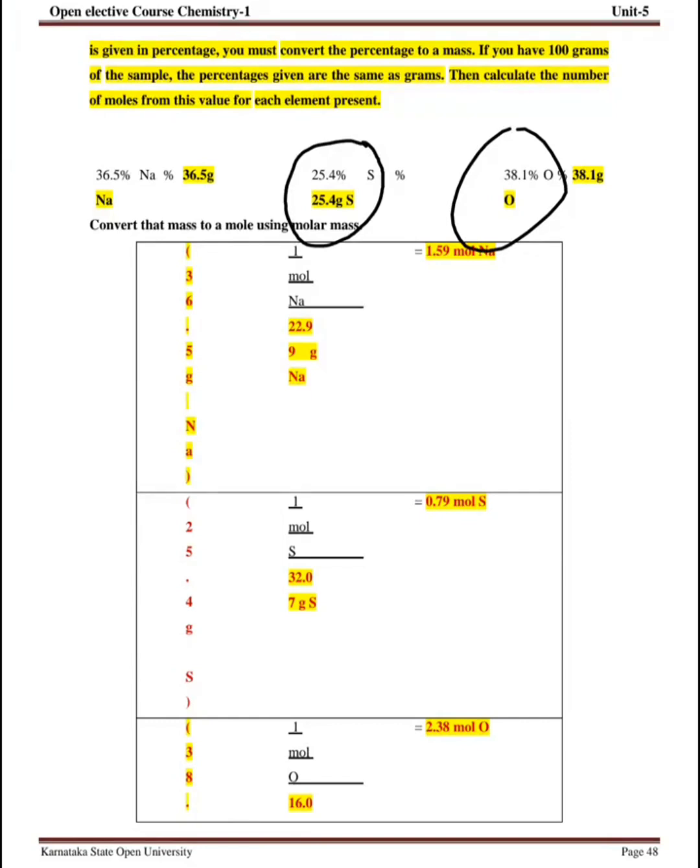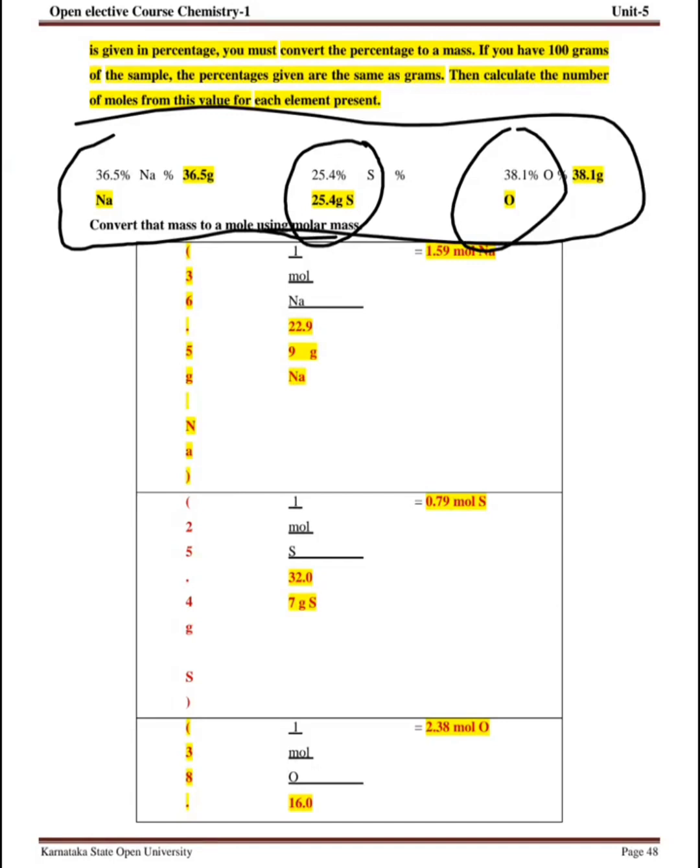This is the percentage of each element present in the given sample. Here we are going to calculate the number of moles present. To calculate that, the formula is percentage divided by the atomic weight. There is a small typo here.